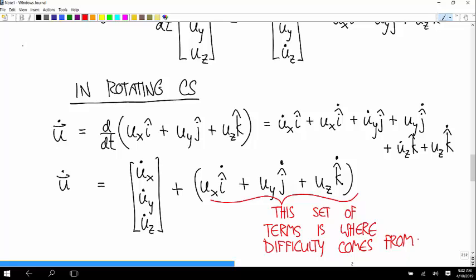So you get this whether the coordinate system is rotating or not. It's just the issue that if the coordinate system is not rotating, then i, j, and k aren't changing in time. And so these extra terms go away. These things are equal to 0 in a non-rotating coordinate system. Okay. When the coordinate system's rotating, these aren't 0. And so we're going to have to deal with it. That's the difficulty.